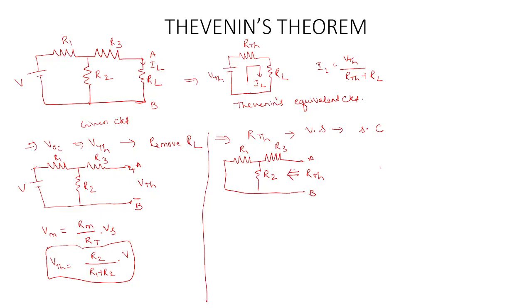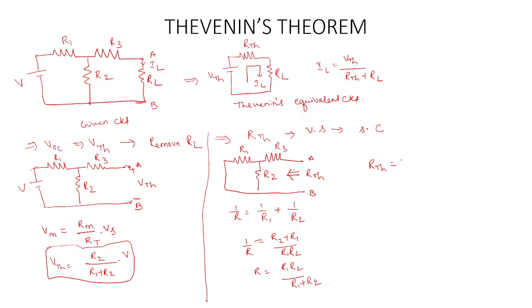looking into the circuit. R Thevenin is equal to, here if you observe, R1 and R2 are connected in parallel. So 1 by R will be equal to 1 by R1 plus 1 by R2. Finally it is R2 plus R1 by R1 R2, that is 1 by R. So R will be equal to R1 R2 by R1 plus R2.